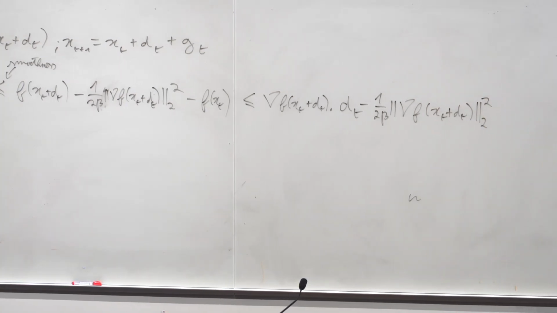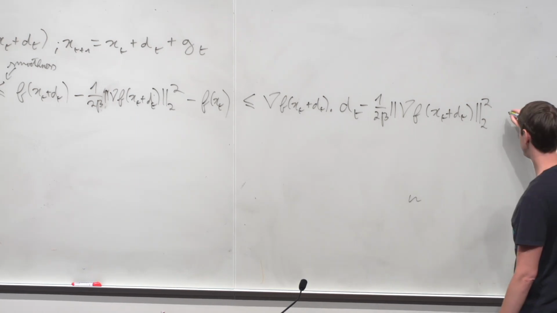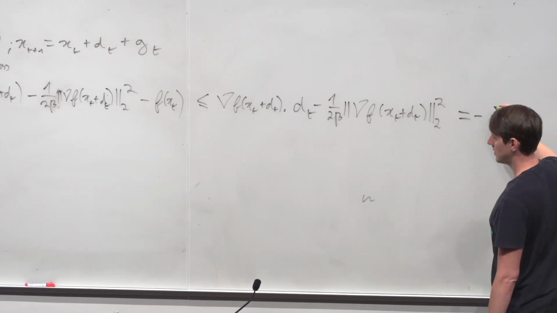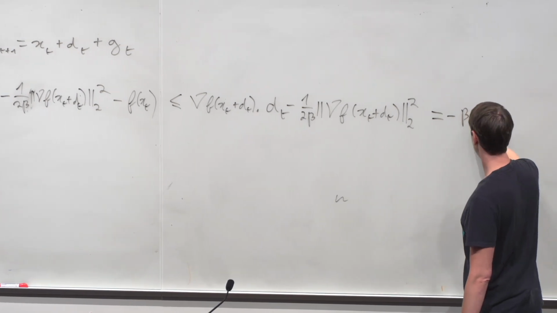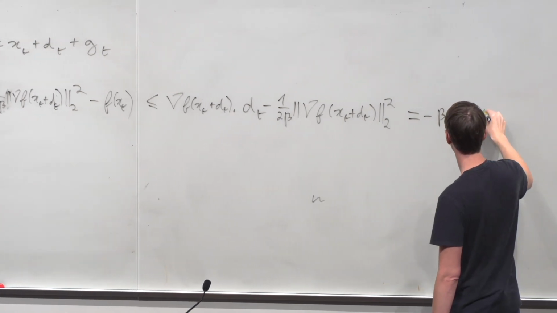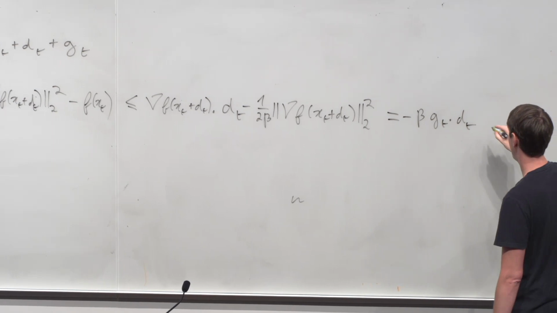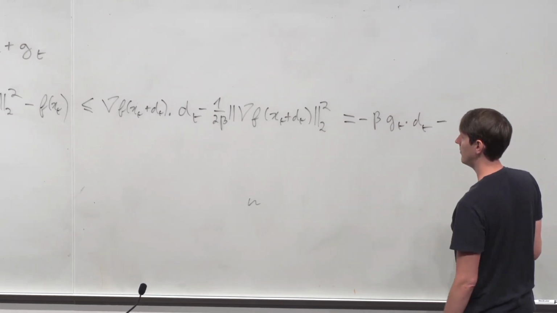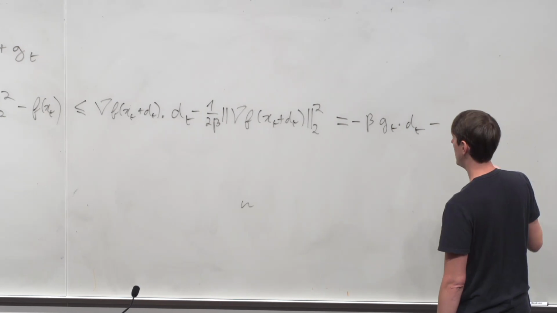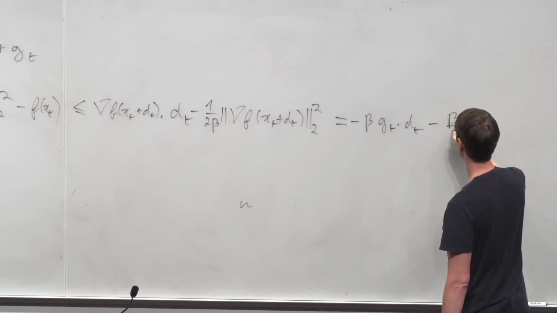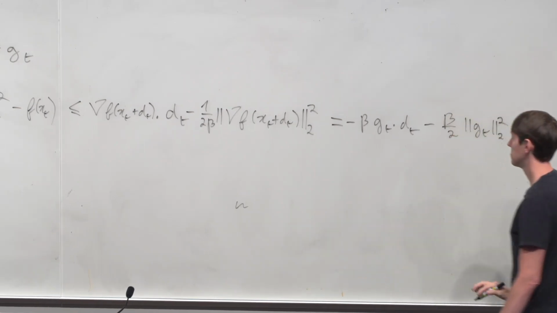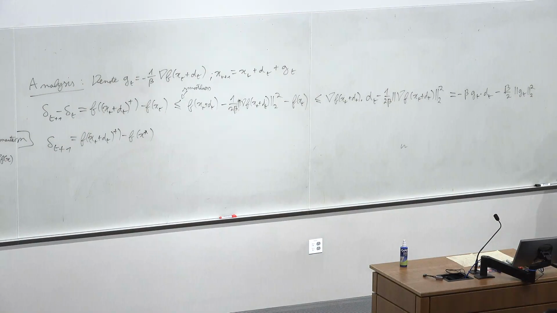Now let me write this just in terms of my g_t. This is minus beta g_t dot d_t, minus beta over 2 norm of g_t squared. I really didn't do much so far.